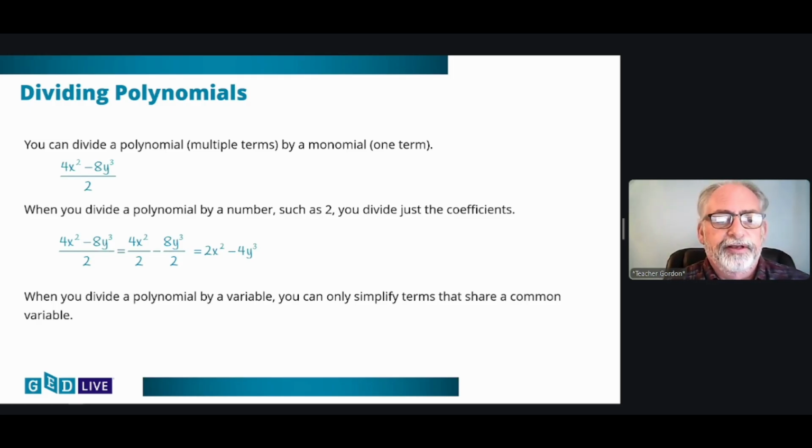Okay. Now you can also divide by a variable underneath. So it doesn't have to be a number, it could be a variable. So here I'm dividing, in this case, 4x squared minus 8y cubed by x. Now, x squared, remember, that really means x times x. So I'm dividing x times x by x.